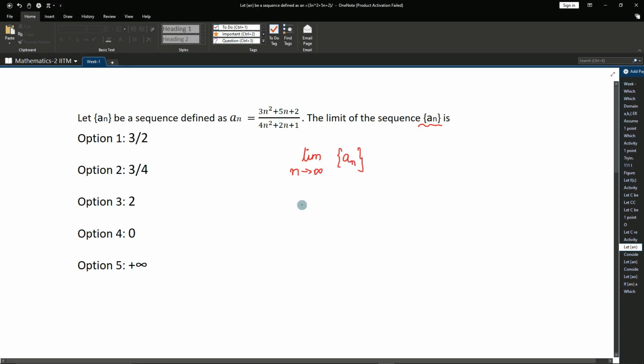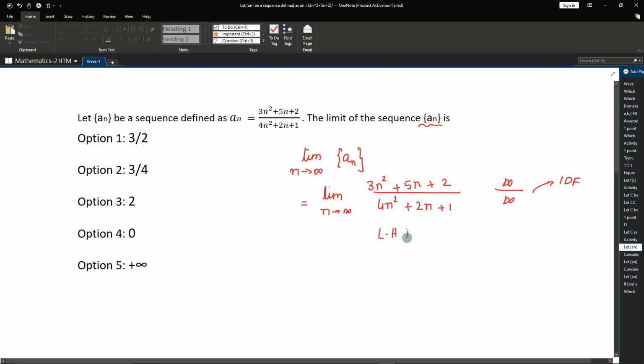So here, limit n tends to infinity of (3n square plus 5n plus 2) divided by (4n square plus 2n plus 1). If we directly substitute infinity for n, we get infinity by infinity, which is an indeterminate form. To avoid that, I will use L'Hospital's rule.